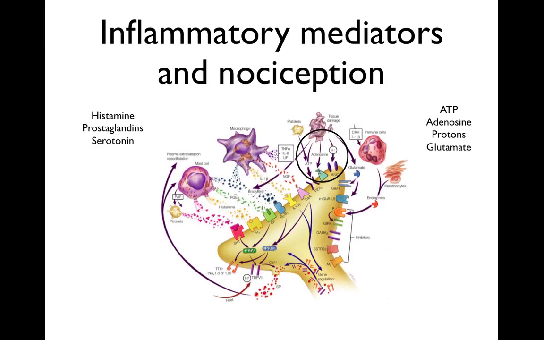We get ATP, hydrogen ions, acid, glutamate, adenosine, all these things released from tissue damage and platelets. And then various immune cells can release things like bradykinin, nerve growth factor, interleukins, so all these cytokines and neuropeptides, which can also activate and set off nociceptors.